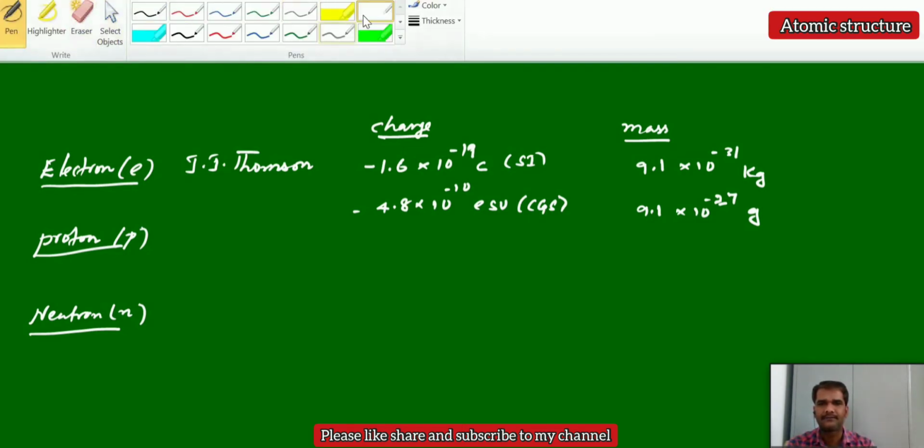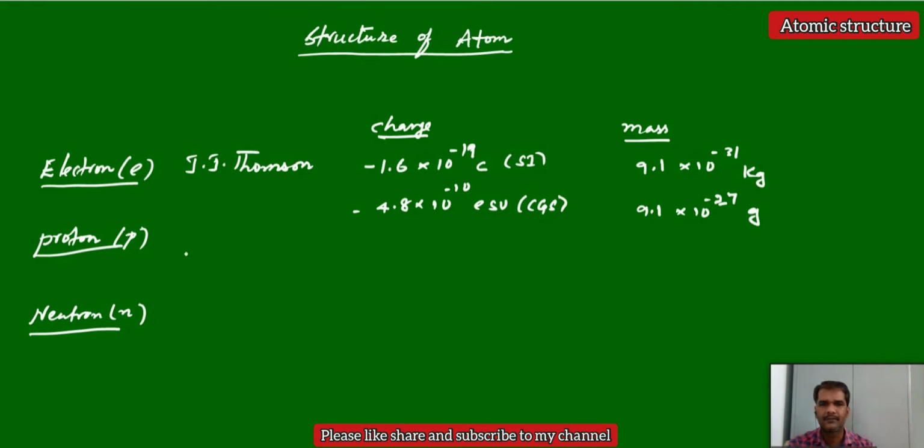Similarly, proton. Who discovered proton? Goldstein. What is the charge? Charge of proton and electron both are the same, only the sign changes. Magnitude is the same, but here we will take positive.